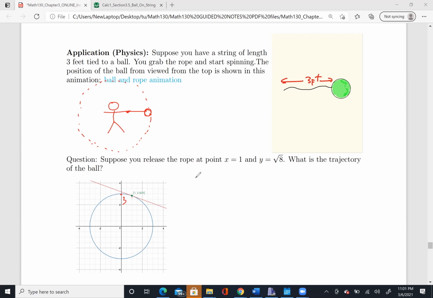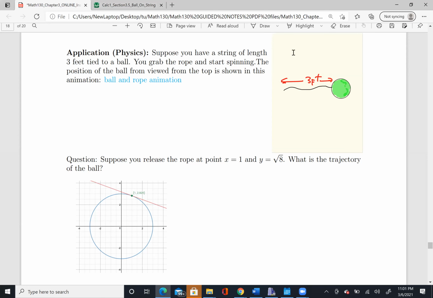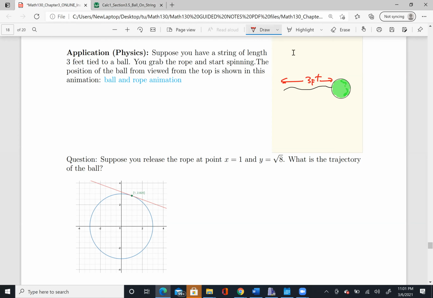the ball will have... Oh, I have to redraw it.